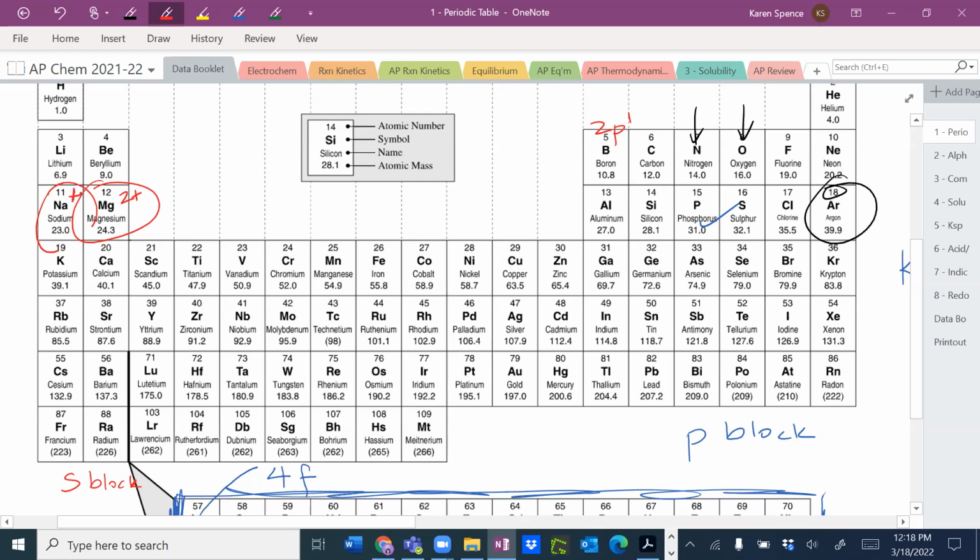They're both in the same row, so their radii are comparable, although Mg2+ will be smaller than Na+. If we compare magnesium with calcium, these are both 2+, but magnesium has fewer shells than calcium. So magnesium will be able to get closer to its anion than calcium will.